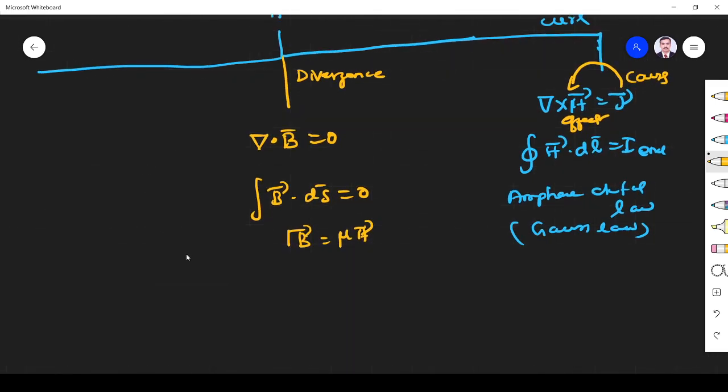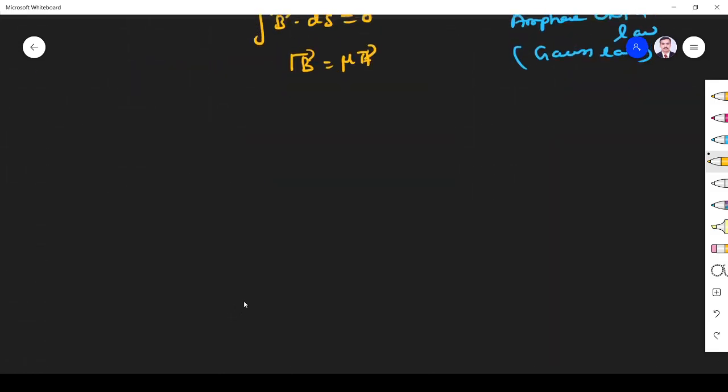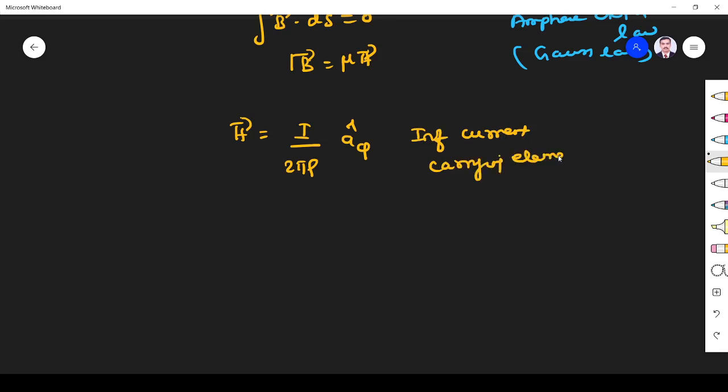Okay. So next, what are the things we have to remember? H due to infinite line current, an infinite current carrying element, is I by 2 pi rho a phi. You see the magnetic field is rotational because phi varies from 0 to 2 pi.